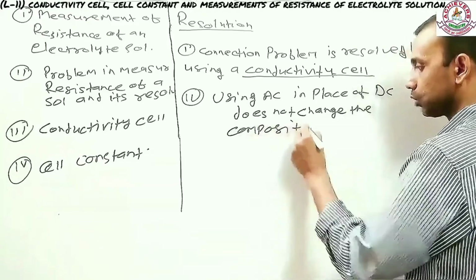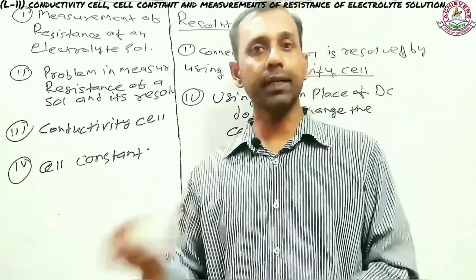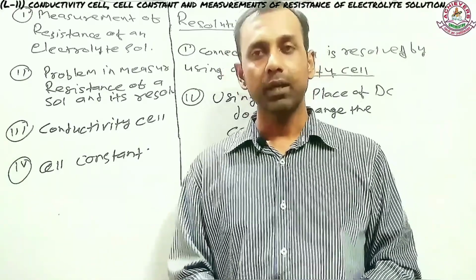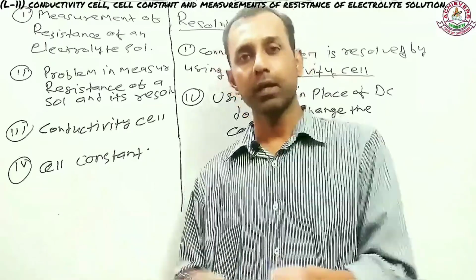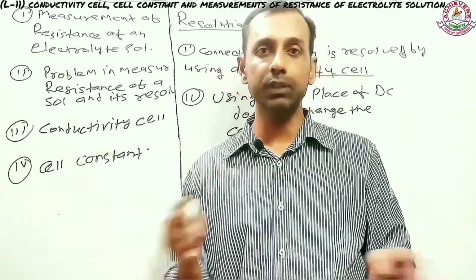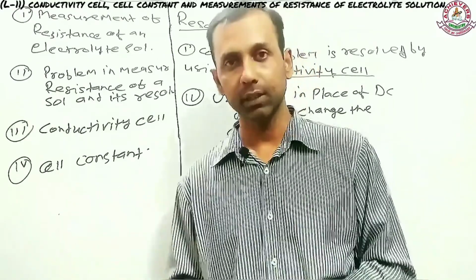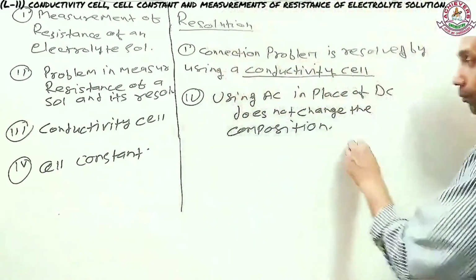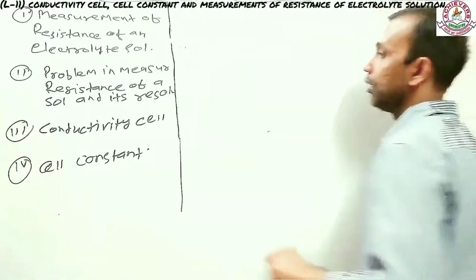So we have these two solutions for the two problems. I repeat, there were two problems. One is the connection problem, the other was using DC. Now you can use a specially designed conductivity cell, and for the DC problem, you can use AC in place of DC. With that we have come to another topic, that is conductivity cell.